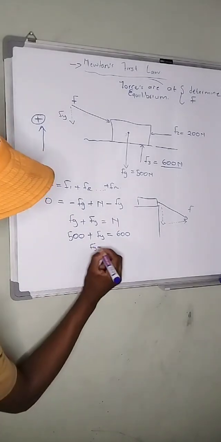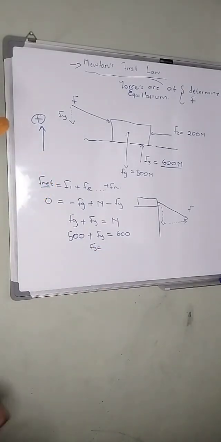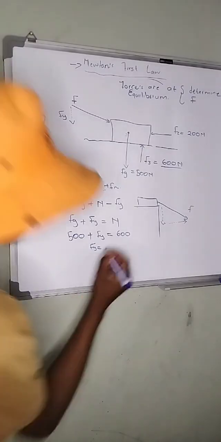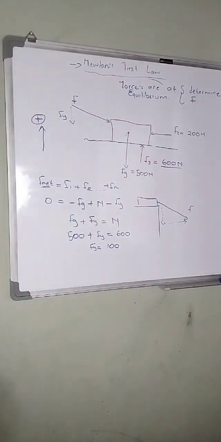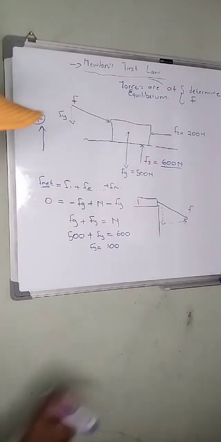Then what's going to be the value of my Fy? It's going to be 100.